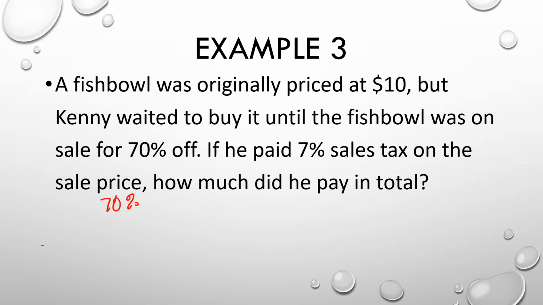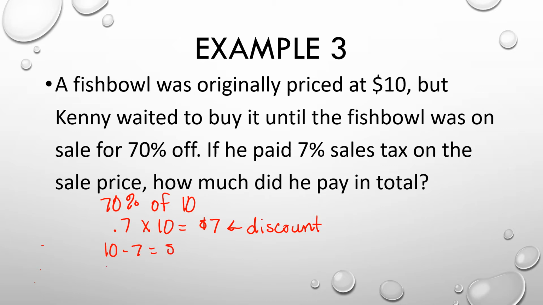So 70% of the original amount of 10, and 0.7 multiplied by 10 is 7. So 7 is our discount. So we've got to do 10 minus that 7, which is 3, which is our sale price.